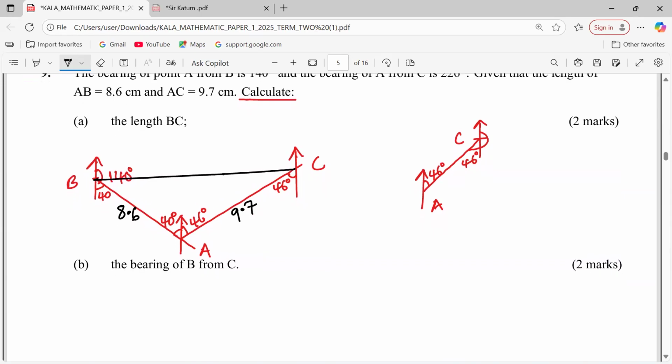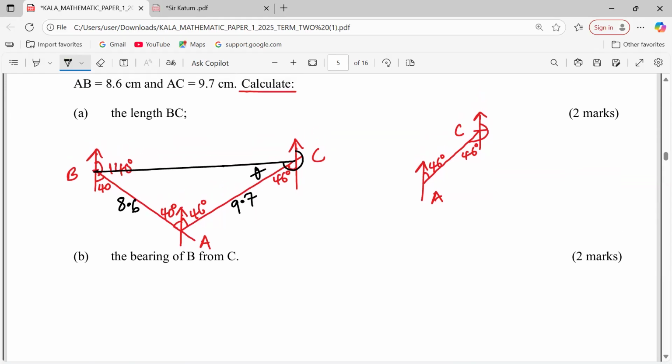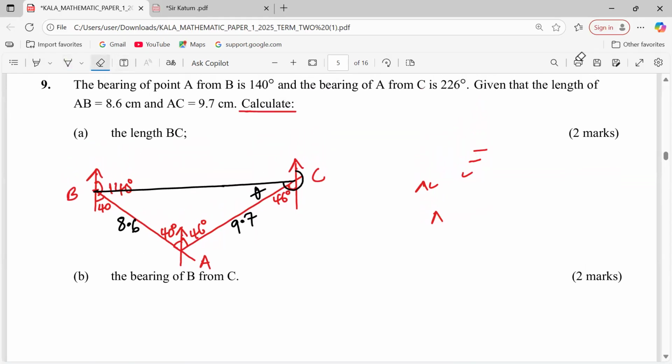With that now, we can calculate the bearing of B from C. Bearing of B from C means we are, first of all, supposed to get the whole of this angle. So we need to get the unknown value here first. And applying the cosine rule, the cosine rule shall be the most convenient.